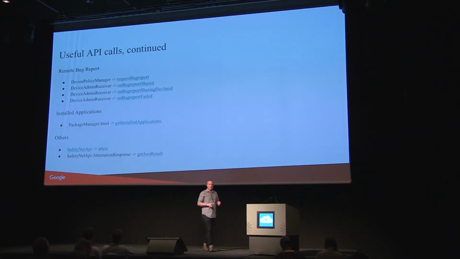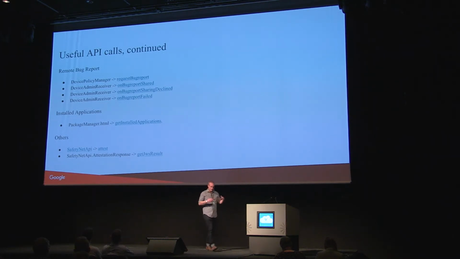So if you are relying on your detection pipeline to come in, an analyst looking at the signal, making some determination, calling up the user and saying, hey, I want you to collect a bug report from the device, it's already too late. So we really need the ability to remotely trigger these, preferably automatically. As soon as the signal triggers, you can automatically get the phone to collect this bug report.